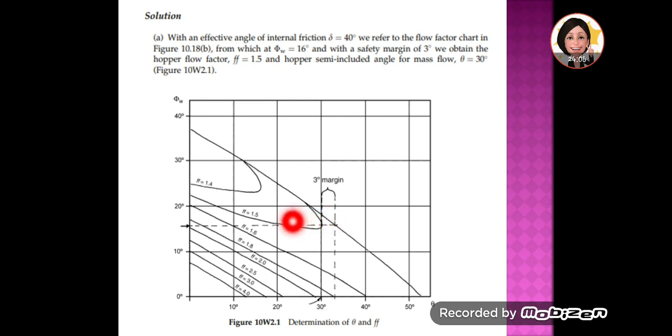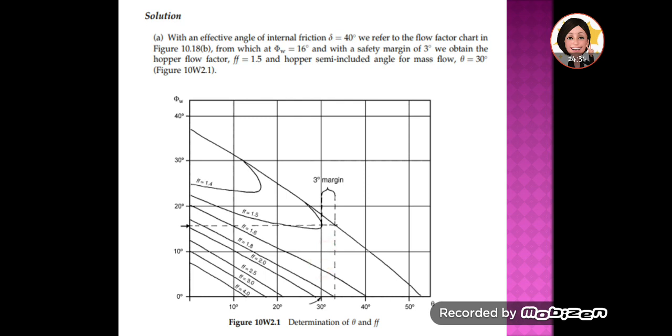Then we give a safety margin. There should be a 30 degrees safety margin. So we obtain the hopper flow factor as 15, because it only crosses the FF15 at all points. And the semi-included angle for mass flow is 30 degrees.